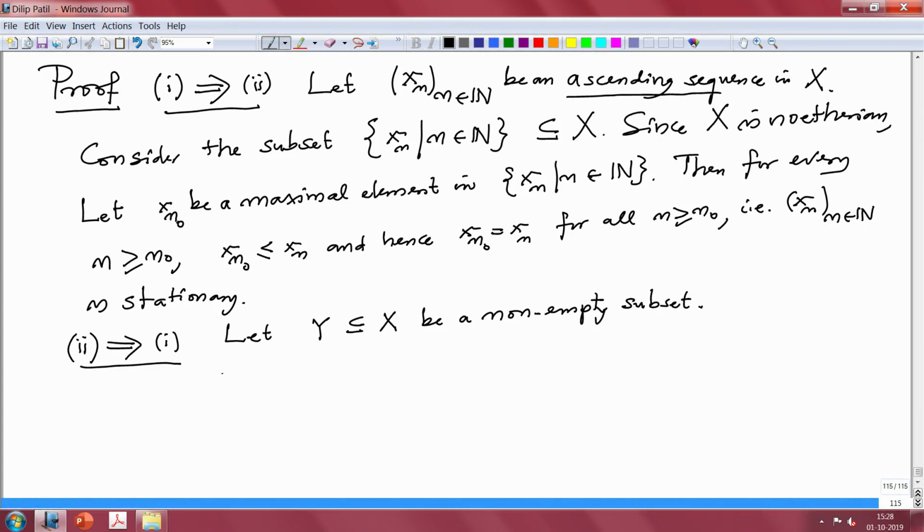We want to prove that Y has a maximal element.